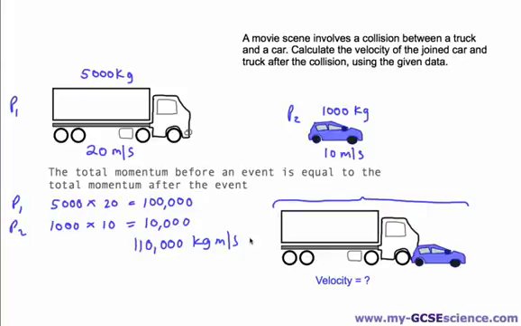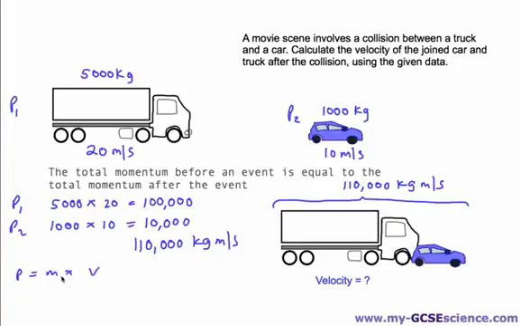So that gives us the total momentum before, and in fact, based on this law, it's the total momentum after as well. So the momentum of these two joined together afterwards is going to be the same, 110,000 kg m/s. Now, if you want to work out the velocity of this moving structure, how do we do that? Well, again, we just use our original formula. Momentum equals mass times velocity.